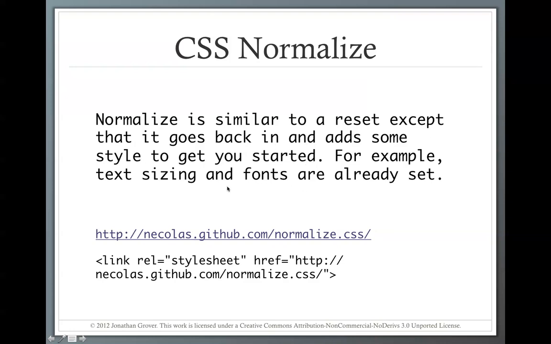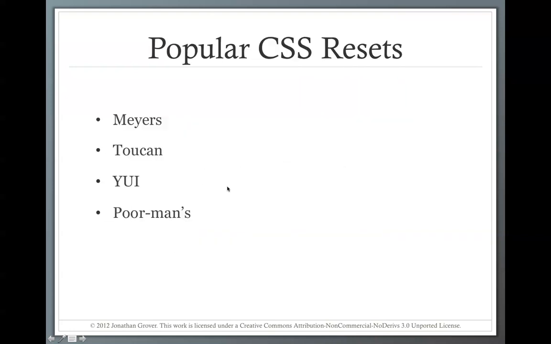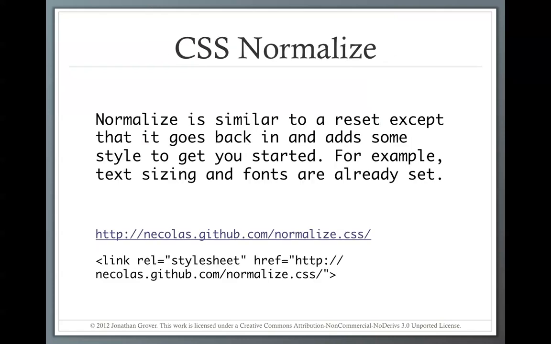Whereas when you use some of these other resets like Myers, Toucan, YUI, all headings, for example, appear to be the same size. The normalize script removes style, but then it goes back in and adds style so that it will appear the same in all the different browsers.